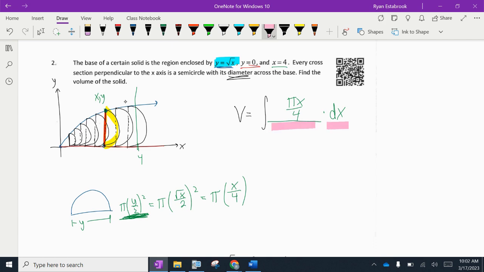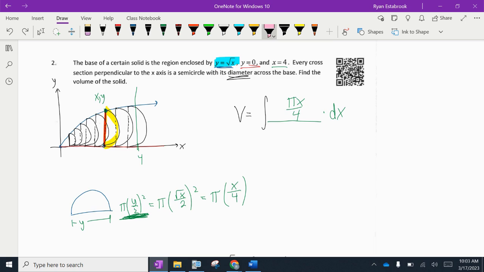This integrand and what we're integrating with respect to represent the volume of any one of those. The area of the semicircle times its super thin thickness. What else does this integral need? Bounds. Bounds in terms of x.